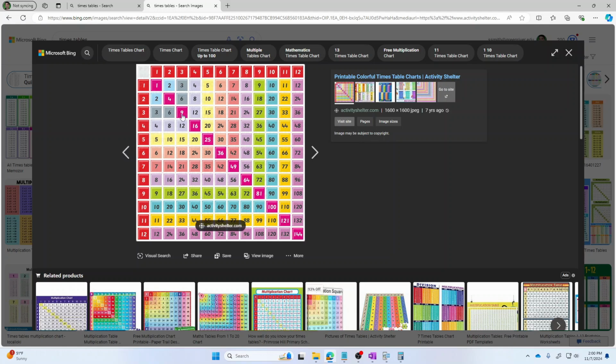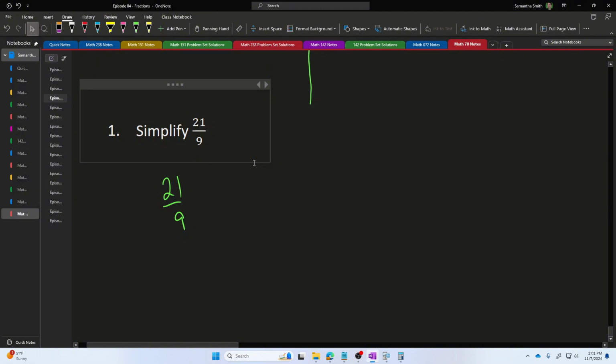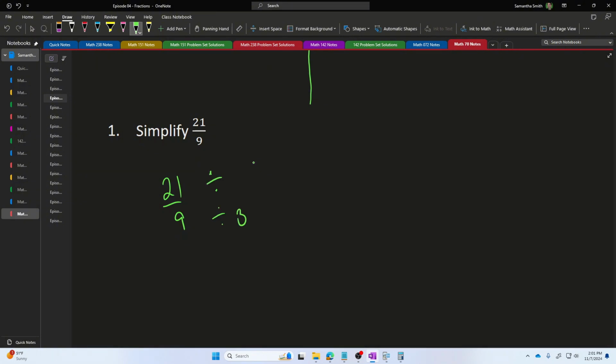So 3 goes into 9 3 times, and 3 goes into 21 7 times. So if I divide both the numerator and denominator by 3, I get 7 in the numerator and 3 in the denominator. So 21 over 9 is the same quantity as 7 over 3.